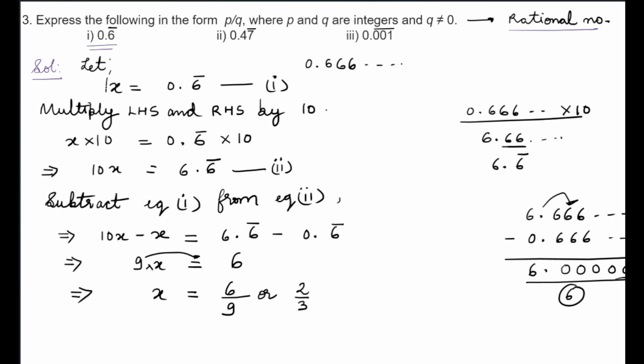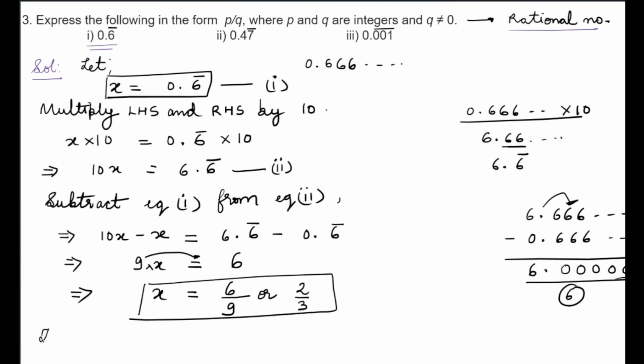Now, if you see what was the value of x, x was this, right? And ultimately we got the value of x as this. So thus, x from here is how much? 0.6 bar, and we have converted it into a rational number which is in form of p by q, which is here 2 by 3.